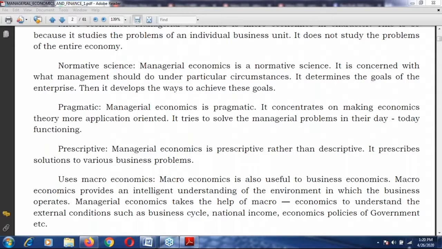Now, we have demand forecasting. What is demand forecasting? The future is uncertain, and you are forecasting for the time coming.